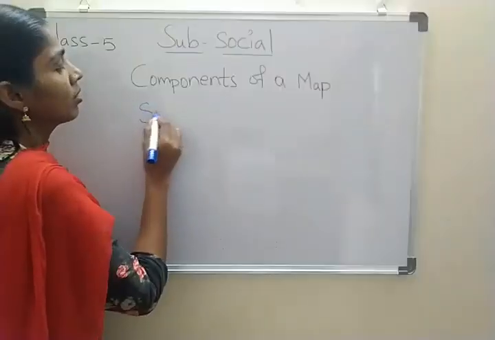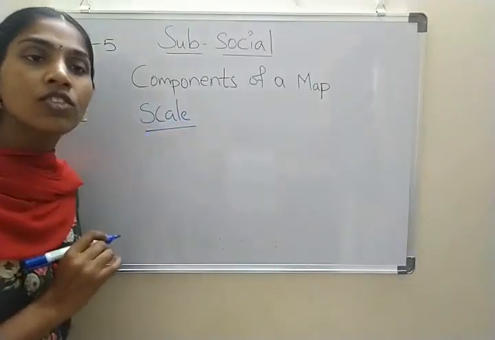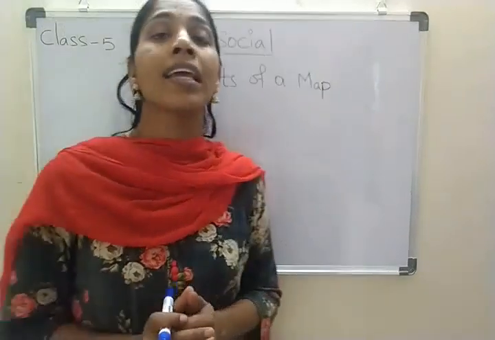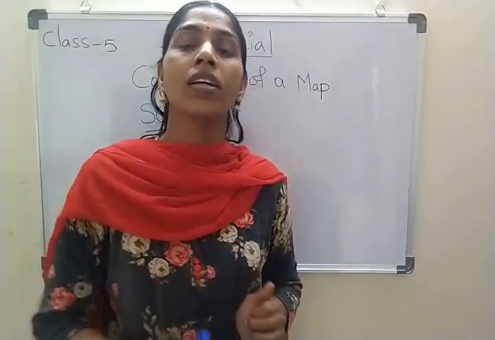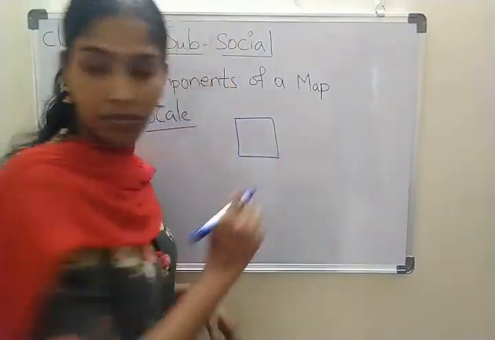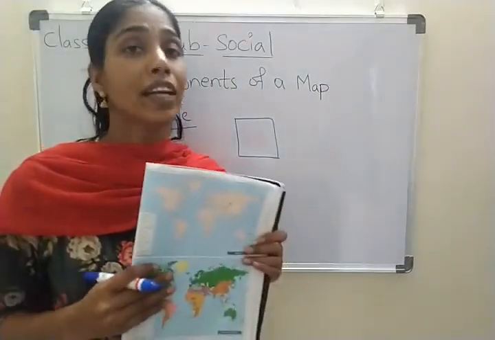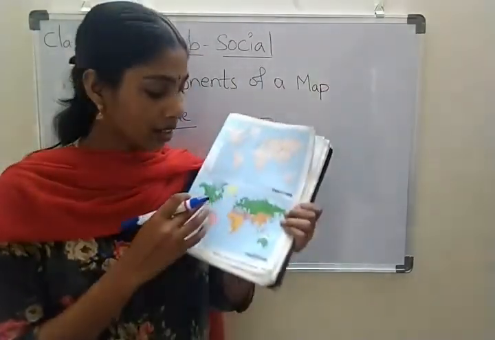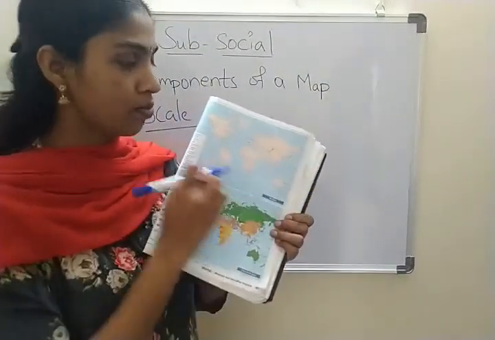Okay, children, now learn about scale. Okay, children, maps are reduced drawings that represent the entire world on a small piece of paper.